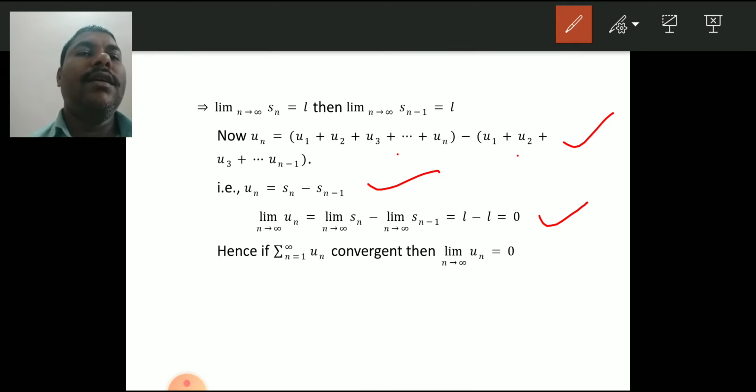So we get limit of un as n tends to infinity is equal to limit of Sn as n tends to infinity minus limit of Sn minus 1 as n tends to infinity. The limit of Sn is L, which is finite, minus limit of Sn minus 1, which is also L. So L minus L is equal to 0. So if summation n equals 1 to infinity un is convergent, then limit of un as n tends to infinity is equal to 0.